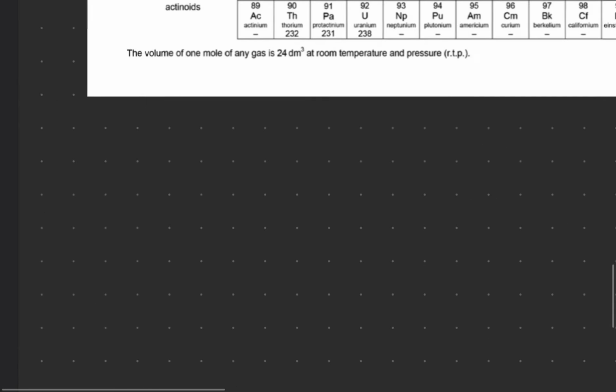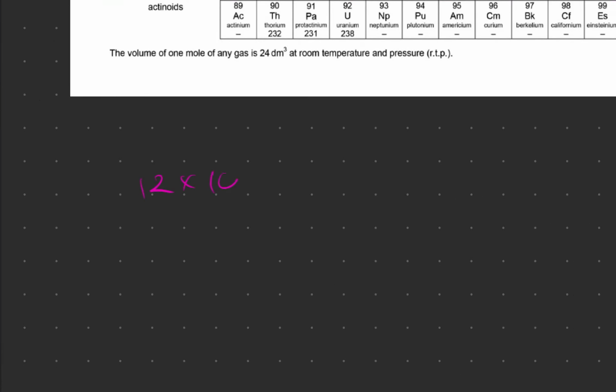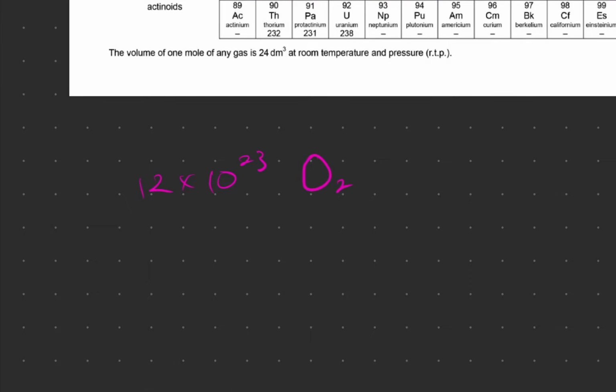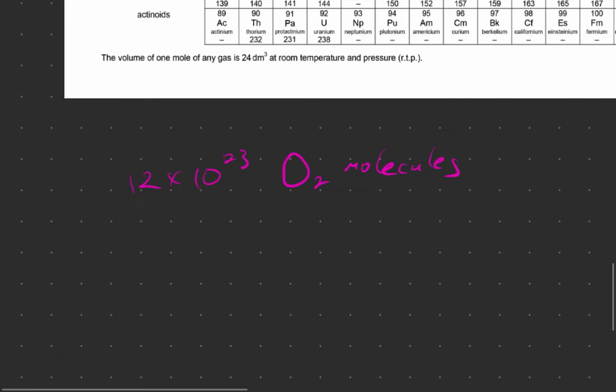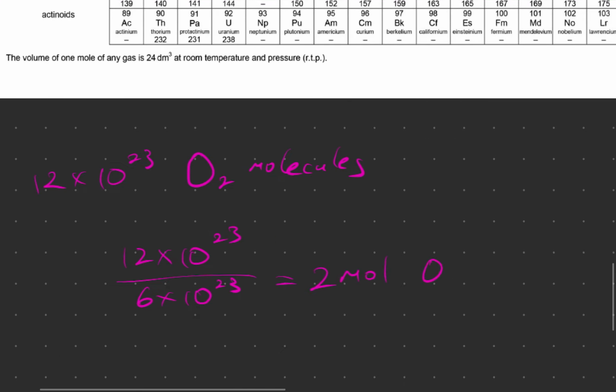Let's say I have 12 times 10 to the power of 23 oxygen molecules. I want to find how many moles of oxygen molecules I have. I'll just take 12 times 10 to the power of 23 divided by Avogadro's constant, which is 6 times 10 to the power of 23, which will give me 2 moles of O2 molecules.